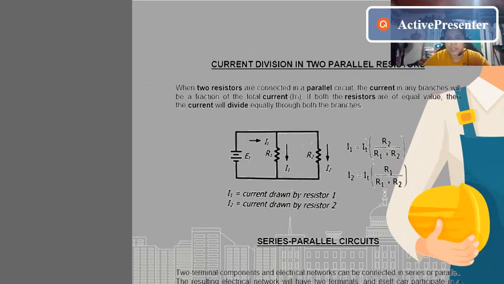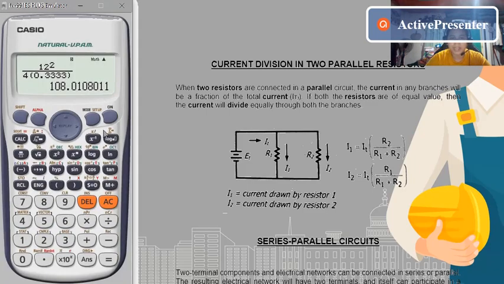So for our next topic, di ba ganina naghisgot ta og voltage division, naapud tay current division in two parallel resistors. So when two resistors are connected in a parallel circuit, the current in any branch will be a fraction of the total current, or IT.